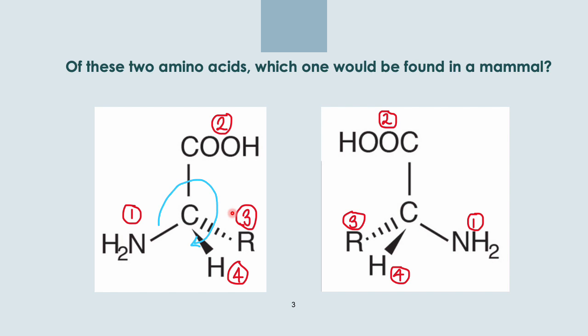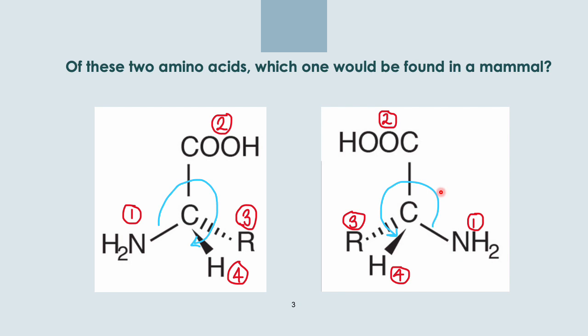I know here I have a clockwise arrow, but keep in mind that when we assign priority and determine R or S, we want to make sure that our priority groups number 1, 2, and 3 are facing the front. When they're facing the front, we actually have an S configuration. Then moving on to our amino acid on the right-hand side, we have an R configuration. If the three priority groups were facing the front, we would actually be moving in a clockwise fashion.